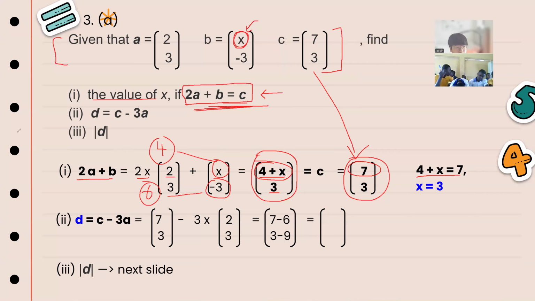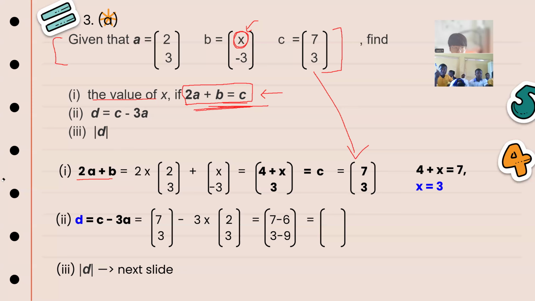Does this make sense? So I hope this is clear to everyone.